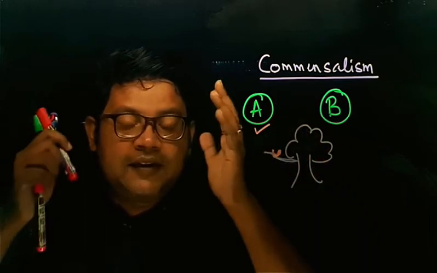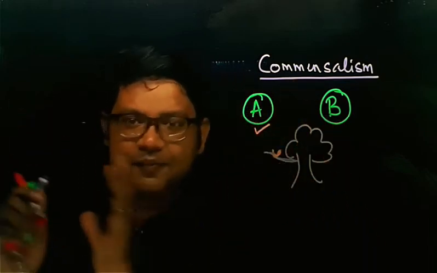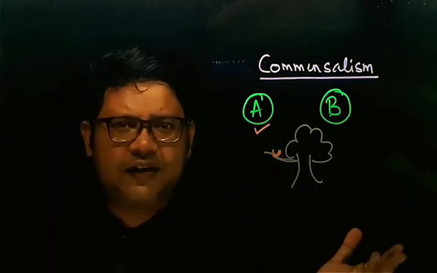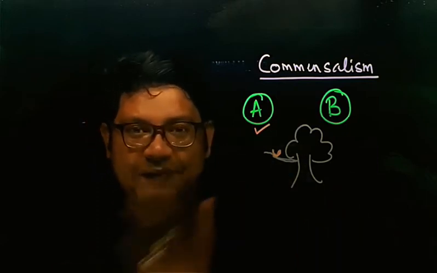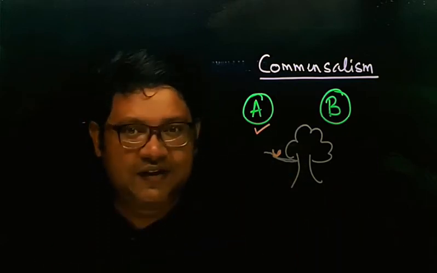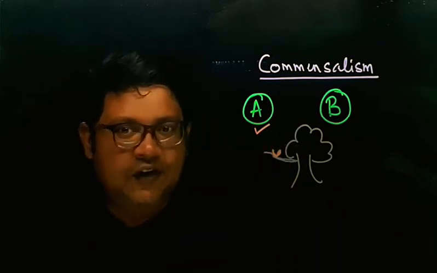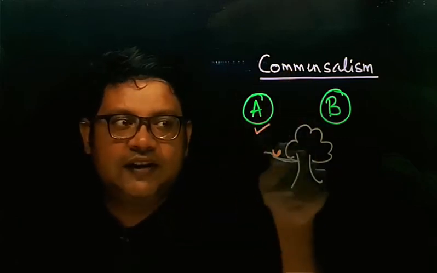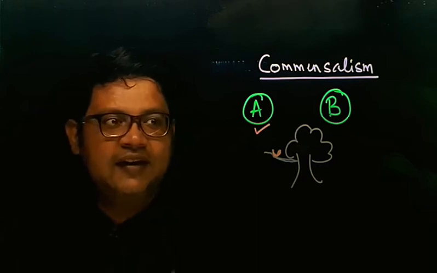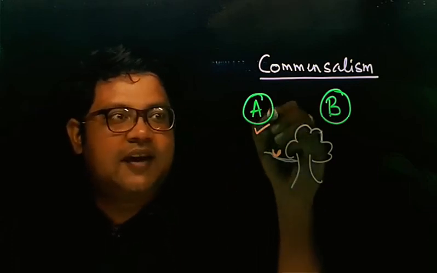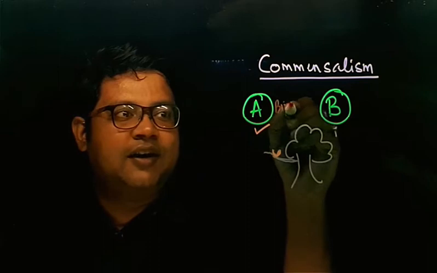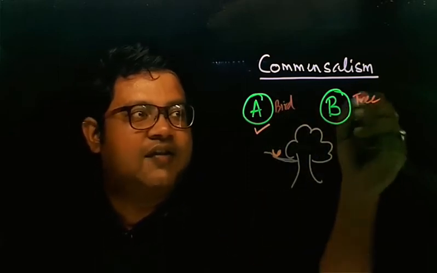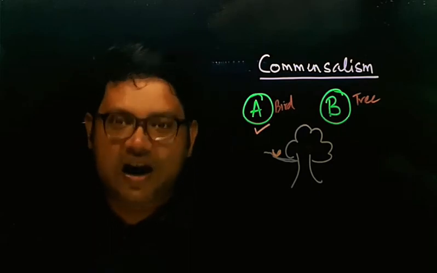The bird is getting benefited, but that does not matter to the tree. The tree is neither getting benefited nor getting harmed by the nest. So it's a type of commensalism. For this interaction, species A is the bird and the bird gets benefited, species B is the tree, and the tree is neither getting benefited nor getting harmed.